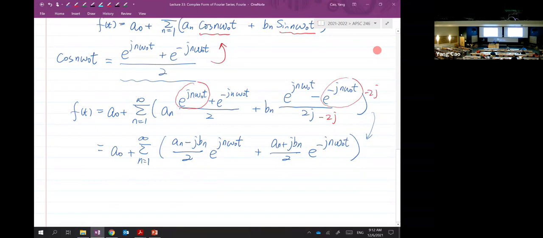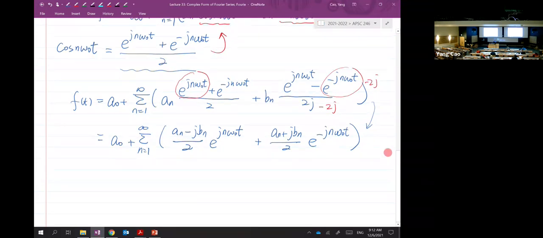Okay, so now from here, we're not going to do more simplification anymore. We're going to define some constants for ourselves. First of all, we're going to let d naught equal a naught. So this a naught, I'm going to let be the same as a new symbol called d naught, and then d_n equal to (a_n minus j b_n) over 2.